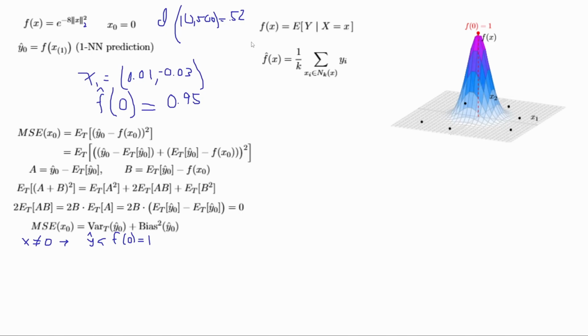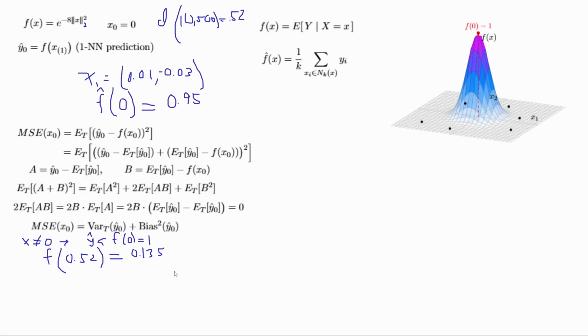So let's plug that in here. So at f of 0.52, which is literally the median distance away from the closest point to the origin, we get something like 0.135.